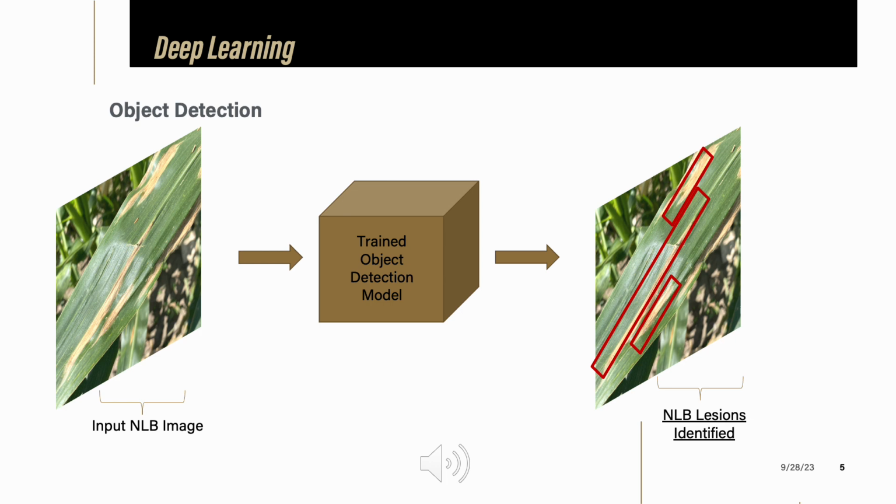So we performed one study with the northern leaf blight infected images where bounding box annotations were created for NLB disease, and then these were used to train the YOLO V4 object detection model that helped us locate and identify the presence of multiple NLB lesions present on individual corn leaves.